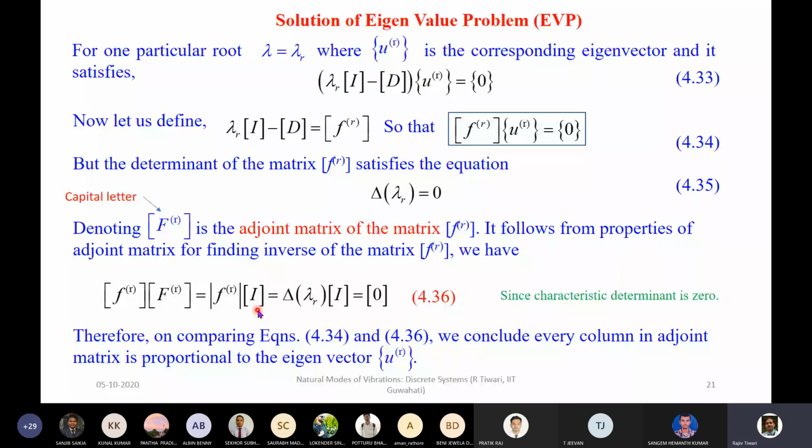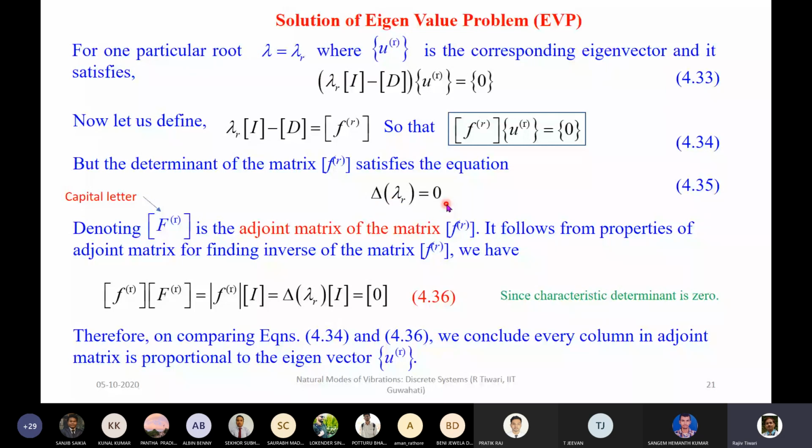Okay, if you post multiply the actual matrix with its adjoint matrix, then that will be equal to the determinant times the identity matrix. But the determinant of this, we represented like this, and because we obtained the lambda r from this polynomial, if we substitute lambda r back in this, it will be equal to 0 because that will satisfy the equation.